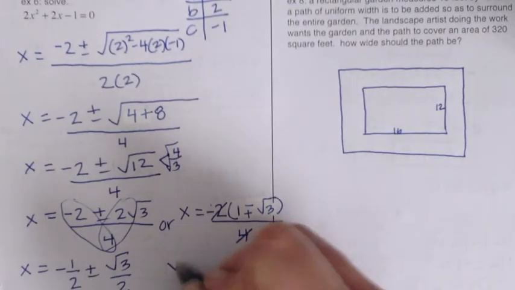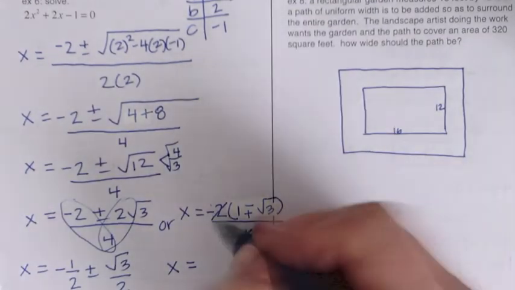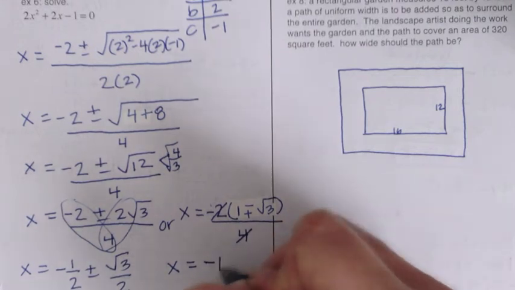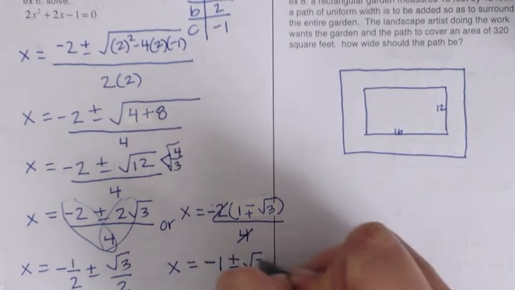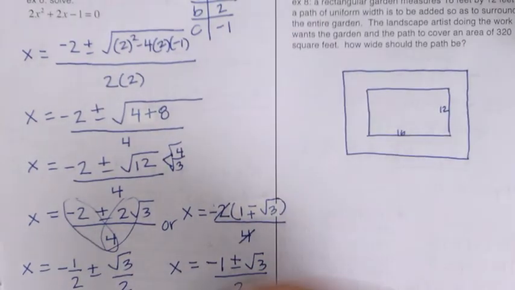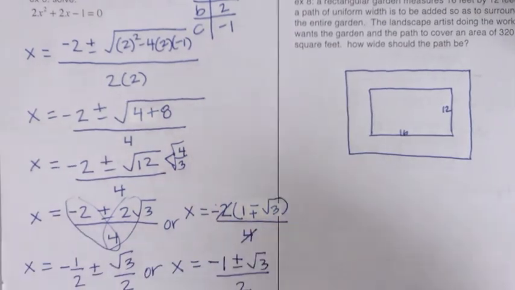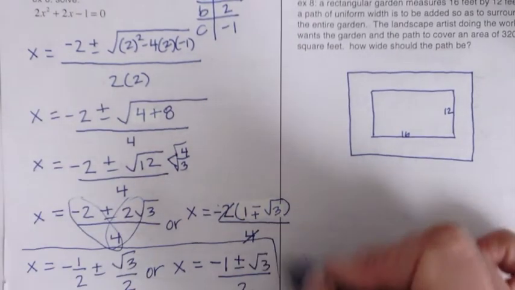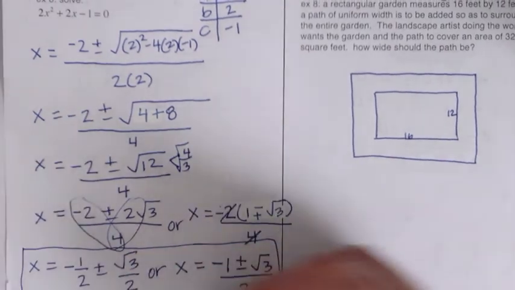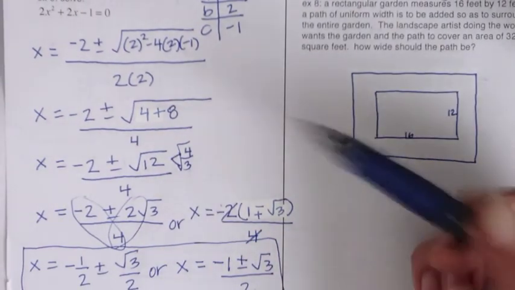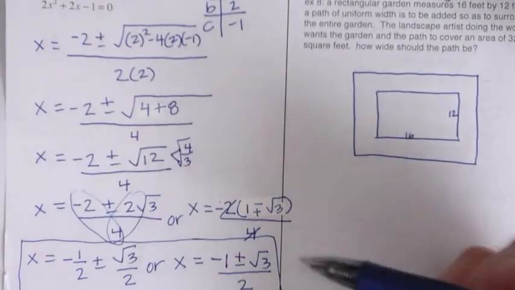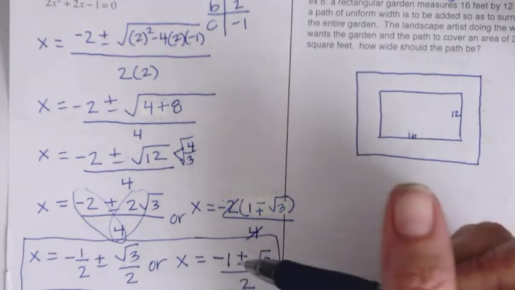So I end up with, again, negative 1 plus or minus root 3 over 2. So there's your two answers. Neither one is more correct than the other. They're both completely simplified. One's written as terms and one's written as a combined fraction.